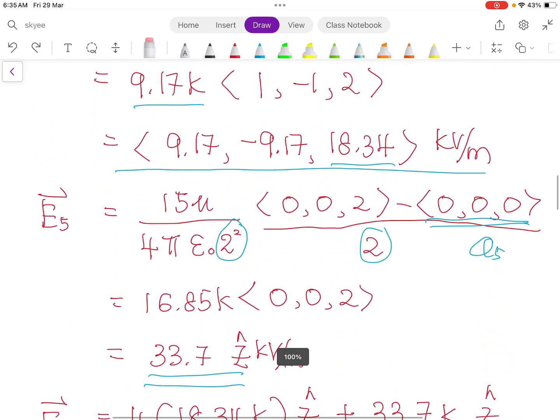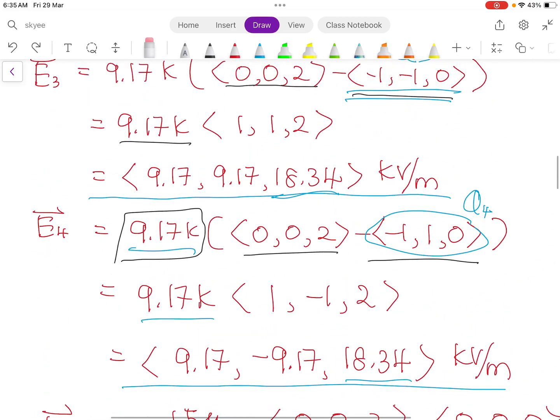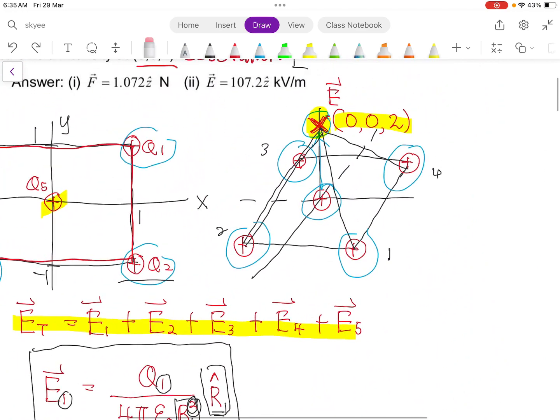And E5. E5 is different compared to E1 to E4. Why? Because its position is at the center of the square, so its distance to the observation point will not be the same as for Q1 until Q4.